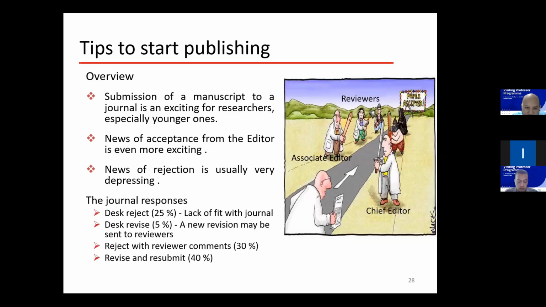Desk revise, meaning the chief editor can also decide the paper seems to have some contribution, but maybe it's not clear, so it can immediately be returned to ask to improve and resubmit. Okay, reject with reviewer comment 30%, revise and resubmit 40%. So this is a general trend of the process of whether they accept or reject.